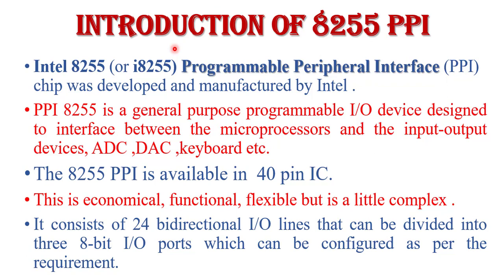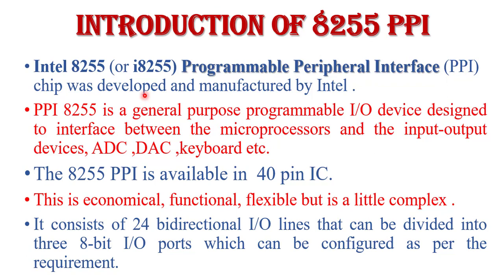But before we discuss the pin diagram, here I give just a brief introduction of 8255 PPI. Intel 8255 or i8255 is a programmable peripheral interface chip that is manufactured by Intel. Why did Intel manufacture 8255?